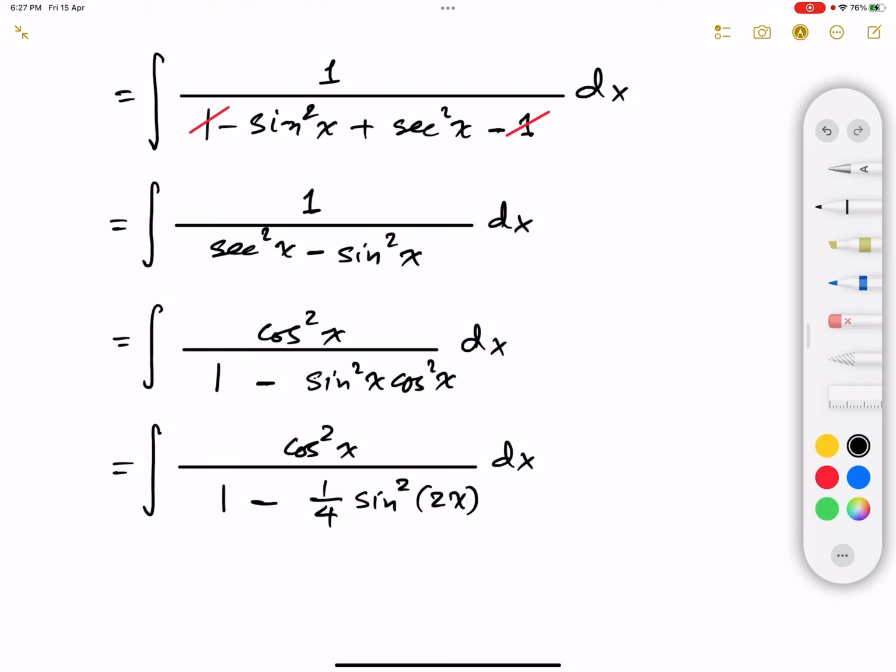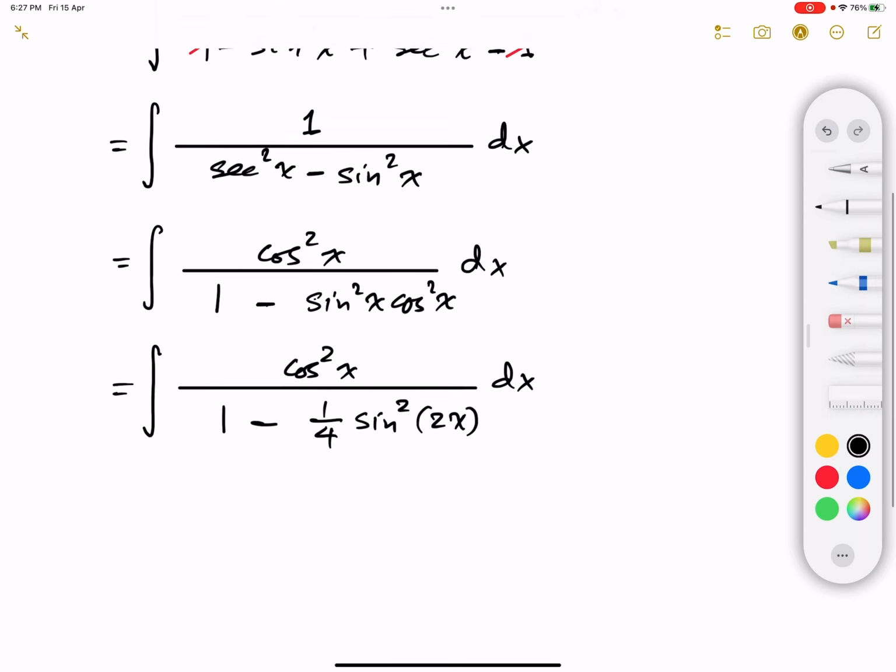Why? Because sine 2x is 2 sine x cosine x. If you square that, that's going to give you 4 sine squared of x cosine squared of x, divided by 4. So that's going to give us sine squared cosine squared.